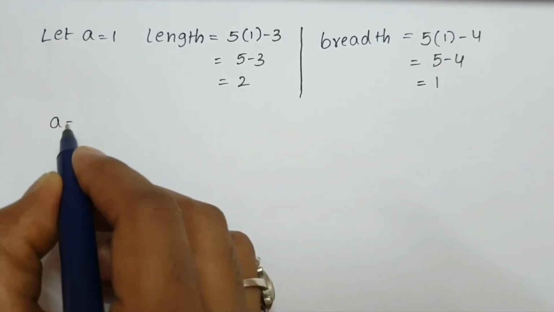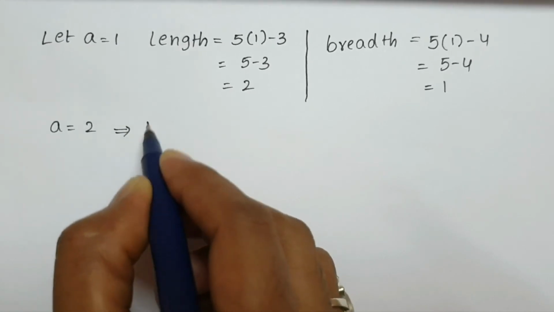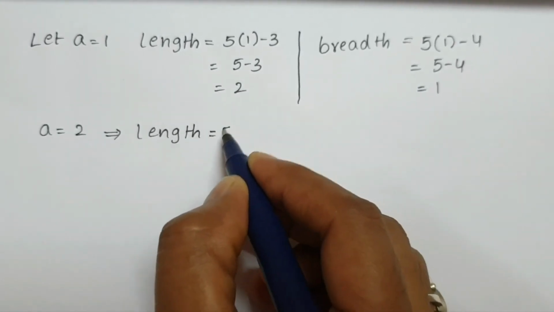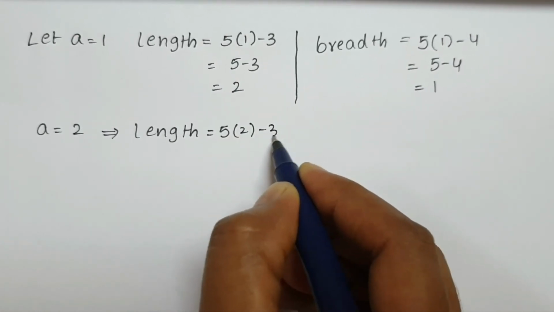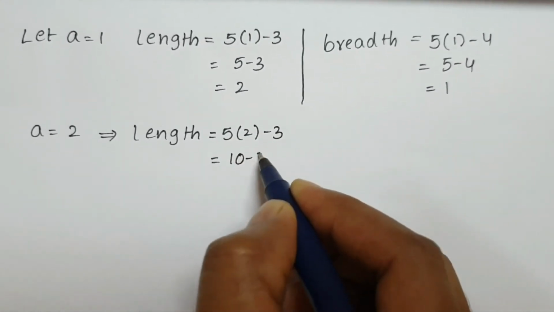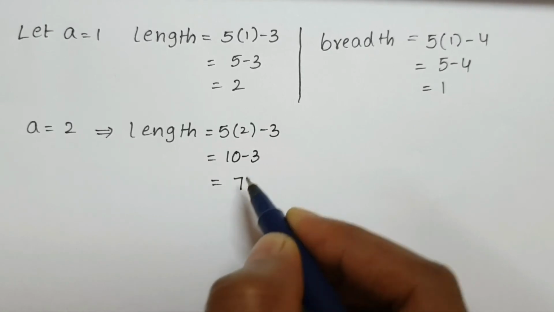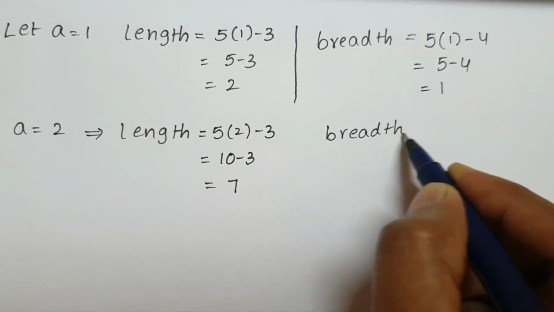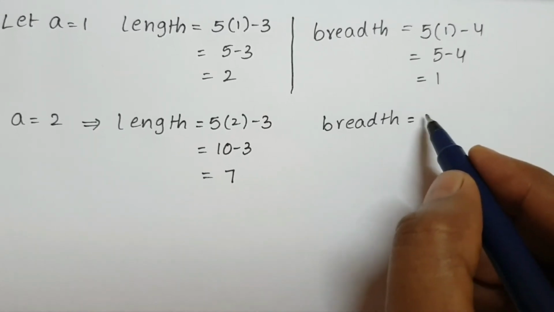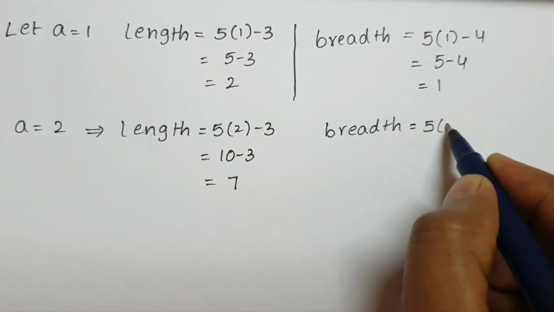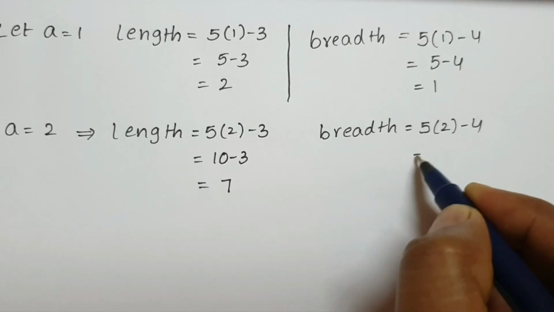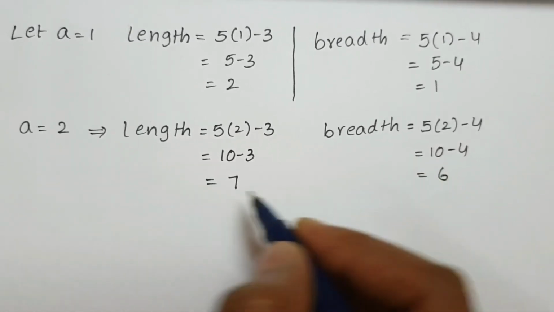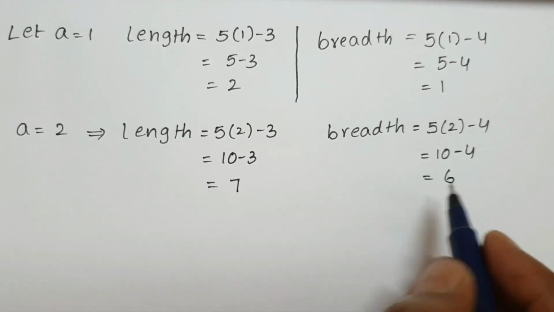Like a equal to 2, take length 5a minus 3: 5 into 2 minus 3, 10 minus 3 we get 7. Next breadth equals 5a minus 4: 5 into 2 minus 4, 10 minus 4 we get 6. Means length 7, breadth 6.